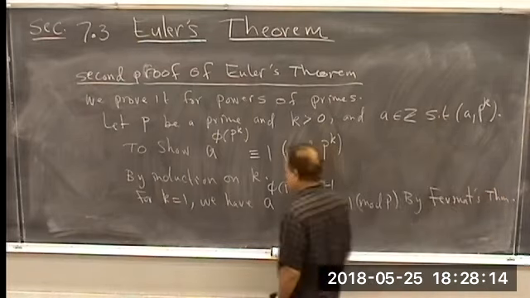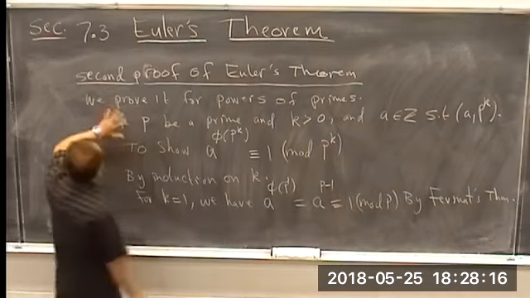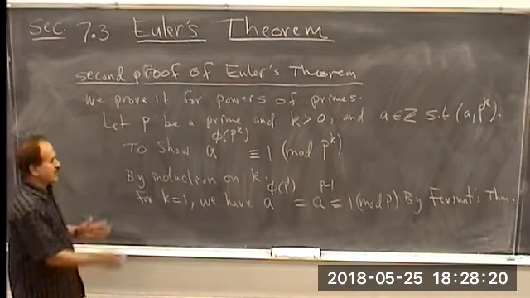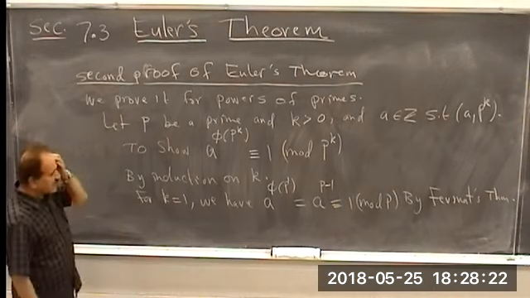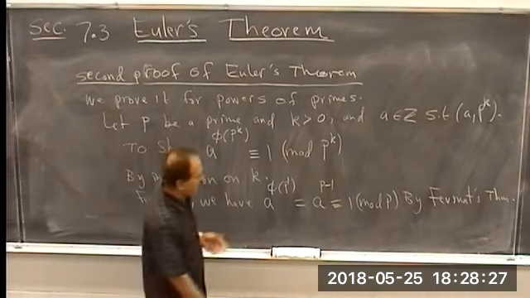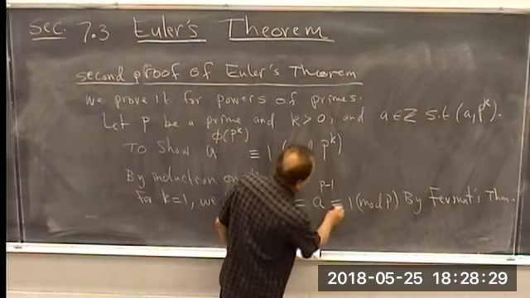So we cannot use that: if we only have this proof, we cannot then conclude that Fermat's theorem is a corollary. It will be a special case, but not as a proof.